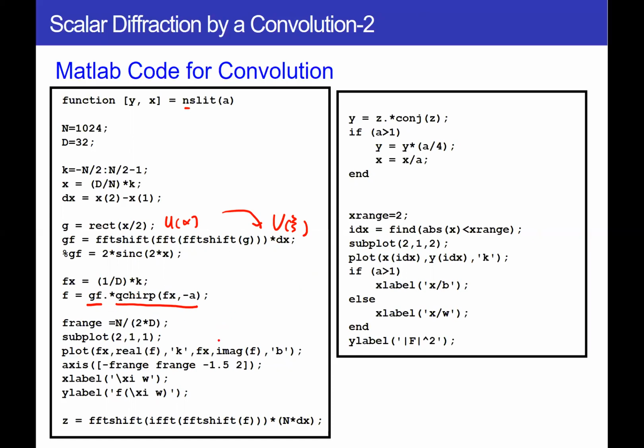Okay. And then we do the Fourier transformation of this thing, of course, the inverse Fourier transformation. Okay. And then we take the magnitude, absolute square. Okay. And then that's what we are doing.